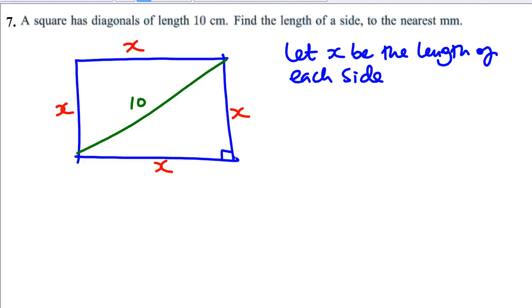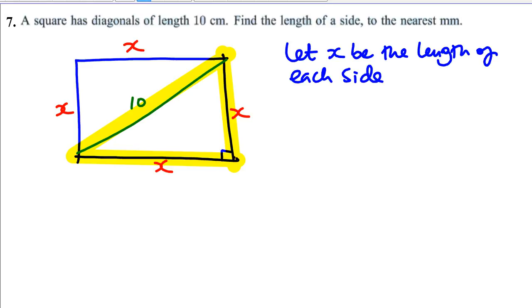Remember, this is a square, all sides are equal. So what I'm going to do here is focus on one part of the square, this part here. And we'll use the Pythagorean relationship to find the value of x.